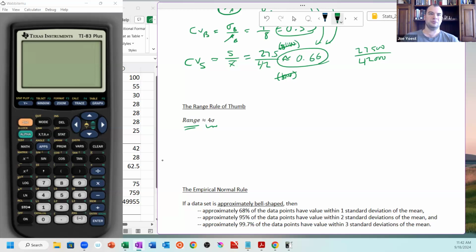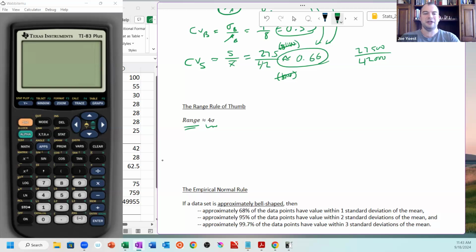Now, of course, the larger your sample, the more likely it is you're going to get an occasional data point that's pretty far from the mean, and the more likely it is you're going to get an outlier here or there. The range is always looking at the extremes. So as you increase your sample size, your range is going to tend to increase.